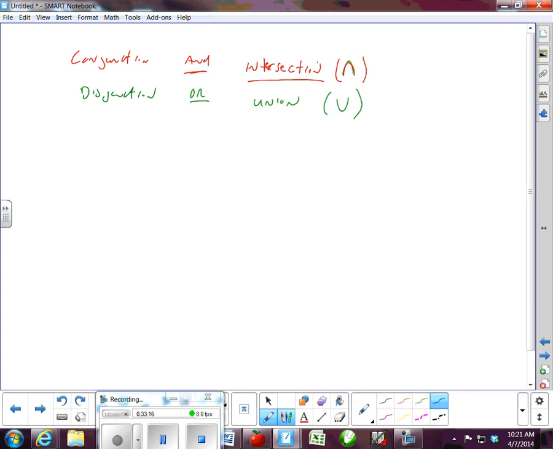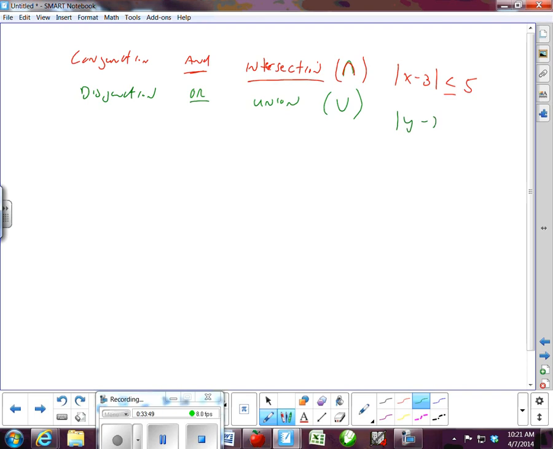You have to remember how to determine whether it's a conjunction or a disjunction. You can do it by the solution, or you can do it based on the inequality symbol. When the absolute value is isolated, if it's a less than or a less than or equal to, then it's a conjunction and the solution is the intersection.